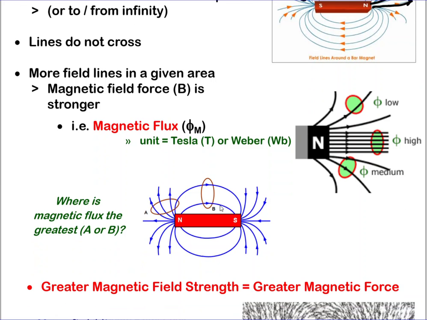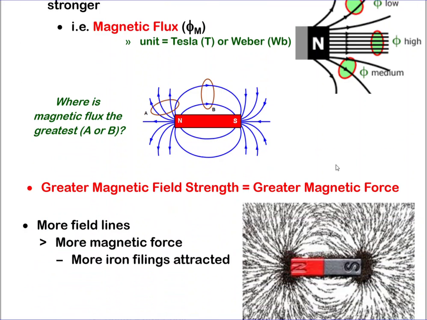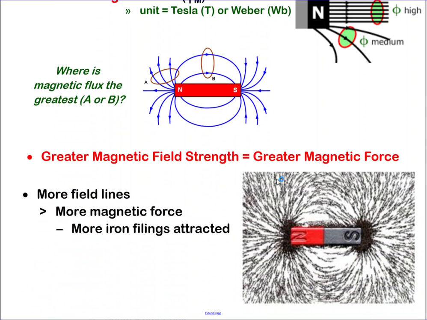Okay, and so that's the same thing we see here. This one's probably a good picture, since these are actual iron filings around an actual magnet, and you can see there are tons of them stuck to the poles. Well, why? That's because as we approach the poles, we are encountering more and more magnetic field lines, and so the field must be stronger here.